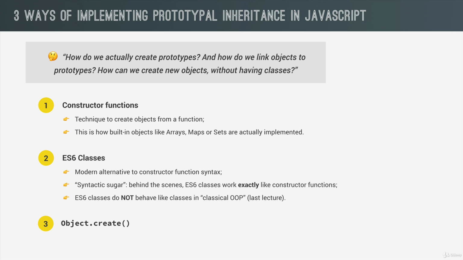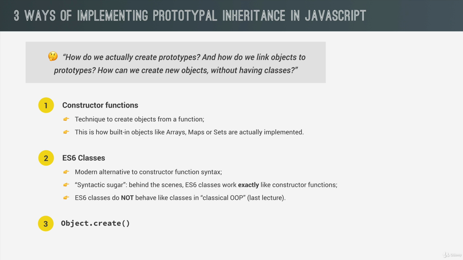So it's really just a nicer syntax that makes it easier for newcomers to do OOP in JavaScript. But behind the scenes, ES6 classes are actually implemented with constructor functions. And so they also use prototypal inheritance, just like we learned in the last slide.